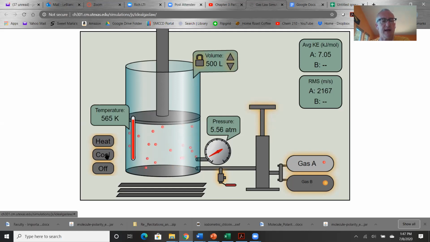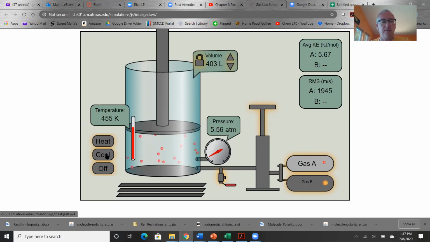So let's cool it down. See that the pressure stayed constant and the volume decreased. So then we make a note. At 565 or whatever my initial temperature was, the volume, then we note that the constant pressure is 5.56 atmospheres. My second volume at 455, I went down about 100 Kelvin, and my volume went down by about 100 also.